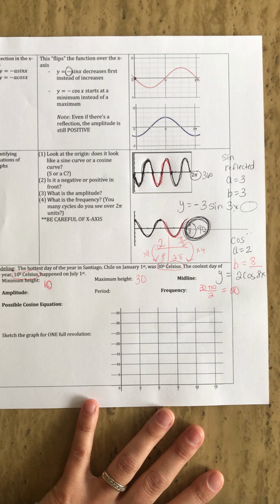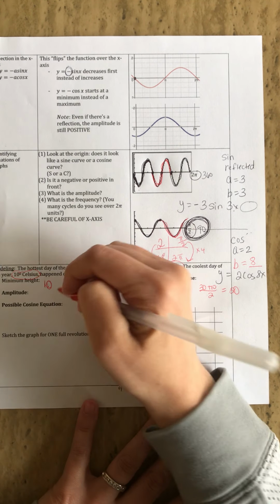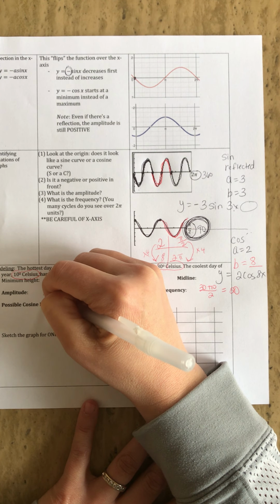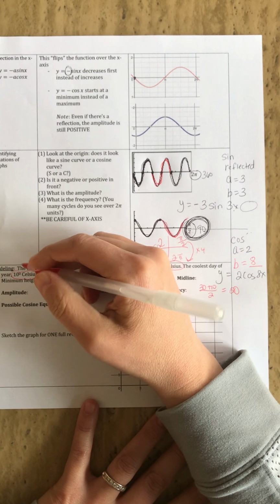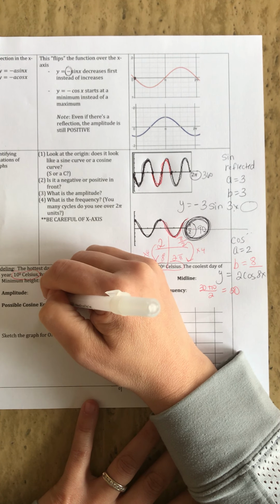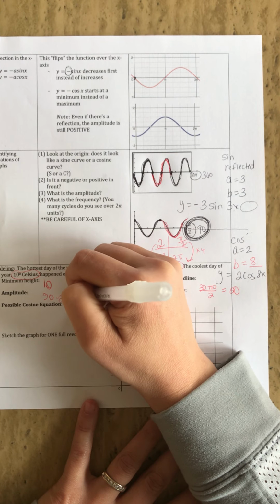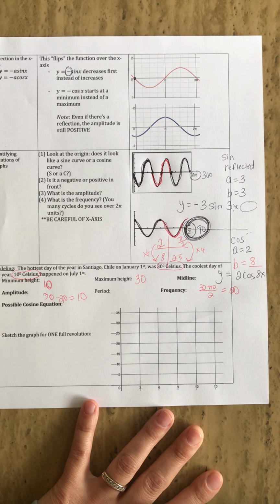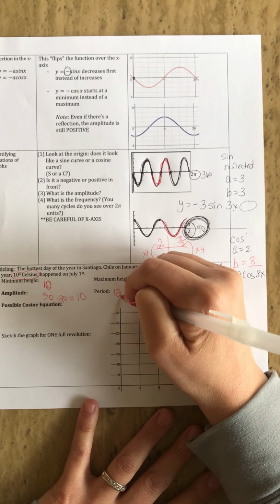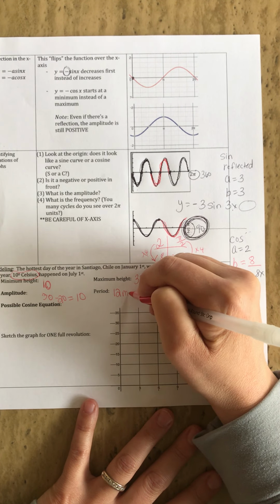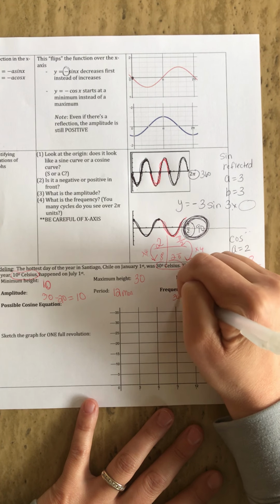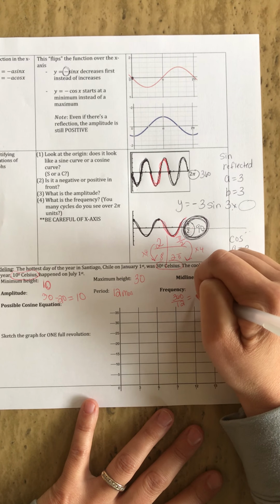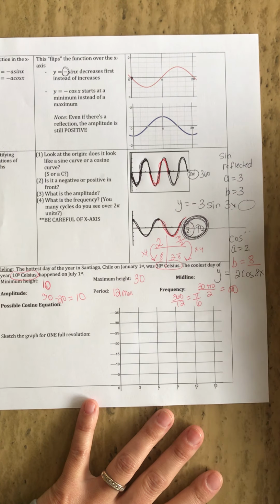Your amplitude, 30 minus 20, is going to give you 10. The period here is going to be 12 months. The frequency is 360 divided by 12, which is pi over 6.